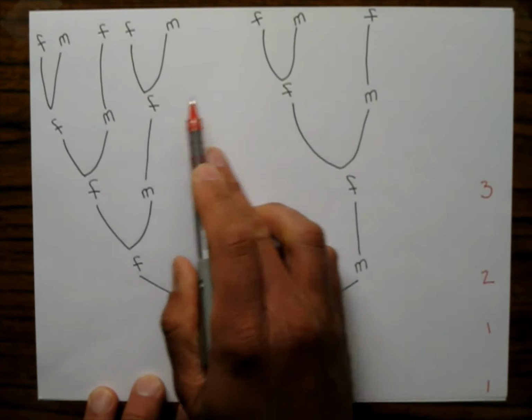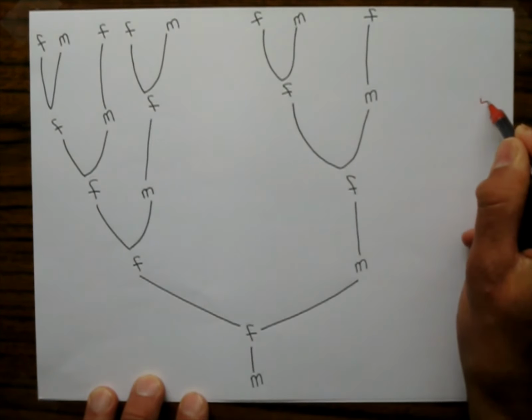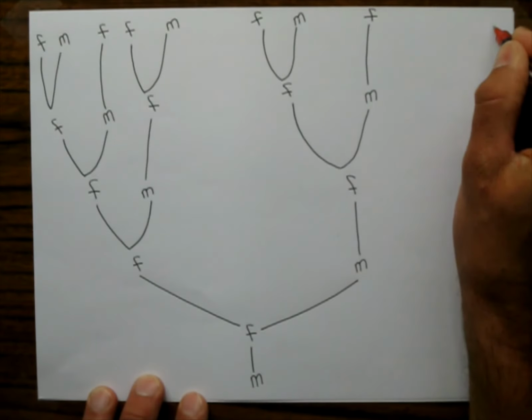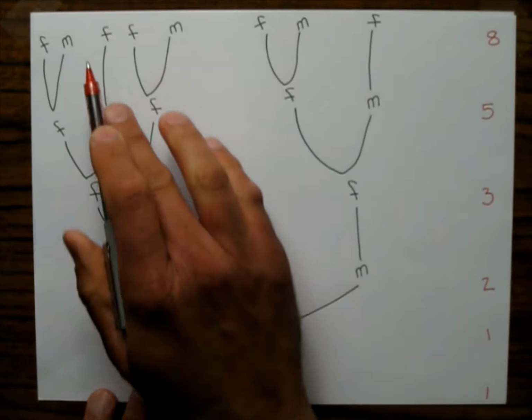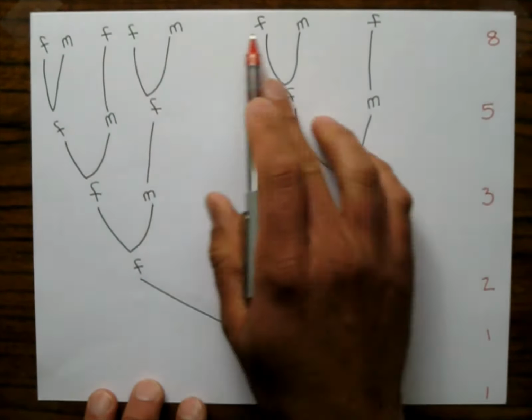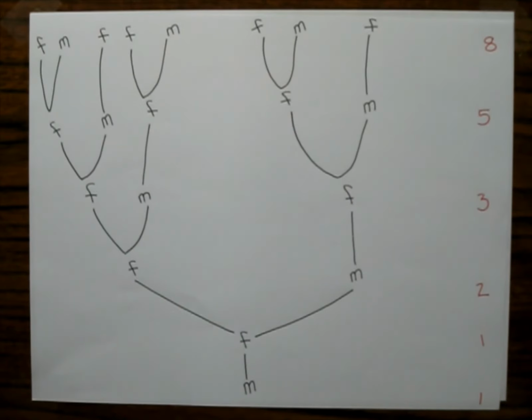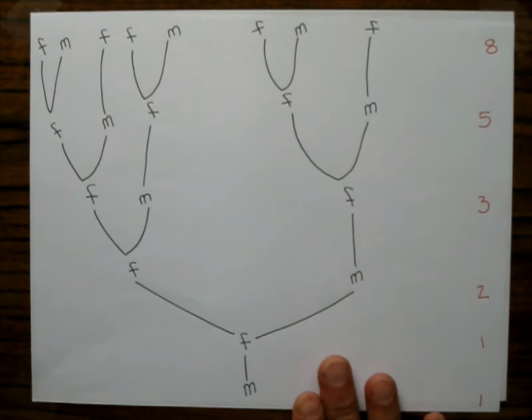And 1, 2, 3, 4, 5 for that generation. And then 1, 2, 3, 4, 5, 6, 7, 8 for that generation. And we ran out of room on the paper. But if we continued up, the next generation would have 13, which is our next Fibonacci number. Okay, let's take a look at a few other things with Fibonacci numbers.